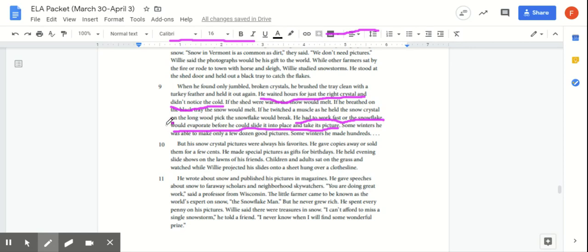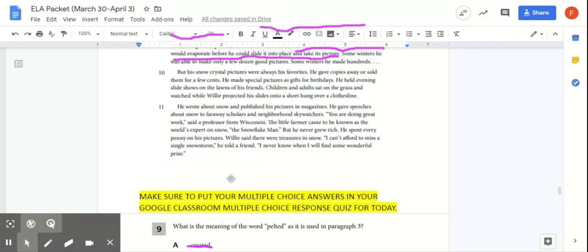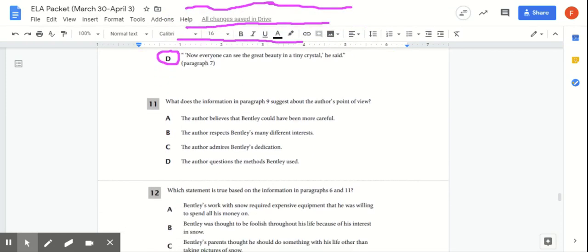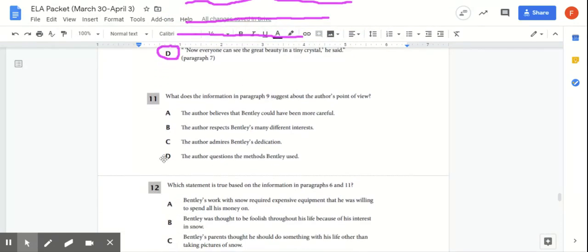He was willing to sacrifice his comfort, and he would work super fast so that none of those things that we just read would happen. He was determined to make sure that he was able to get a few dozen good pictures. My best answer for number 11 would be C.